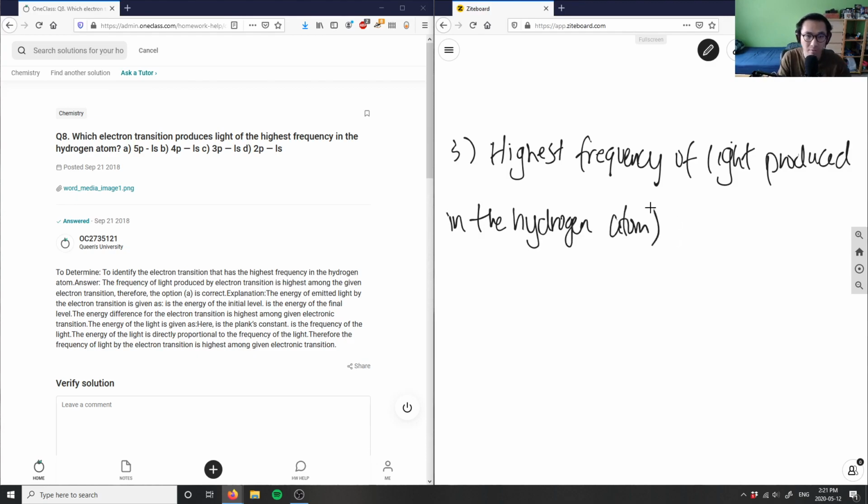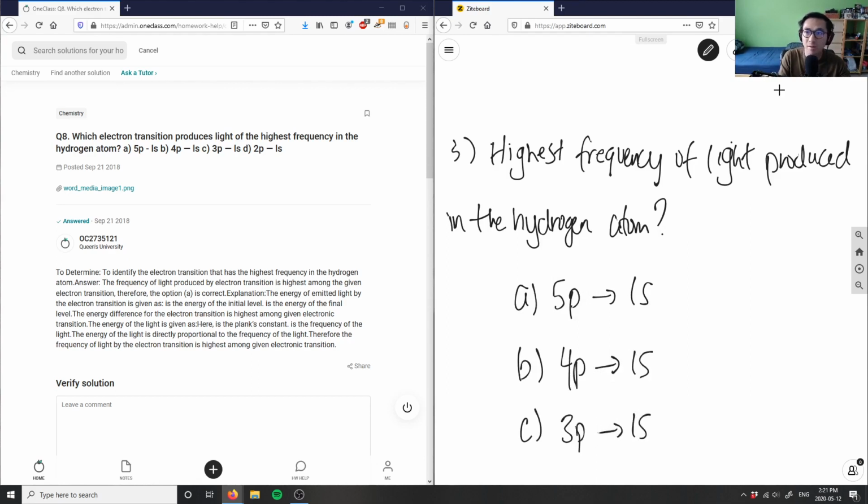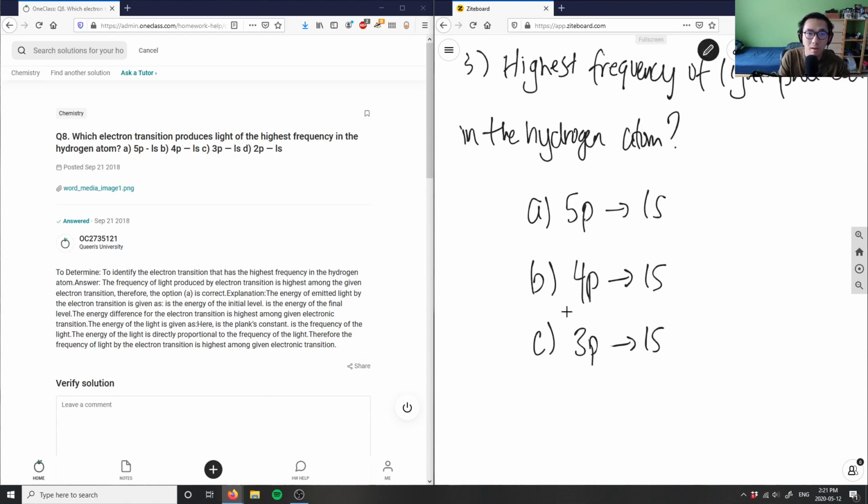And then I'm given 4 options here. A here is 5p to 1s, B here is 4p to 1s, C here is 3p to 1s, and finally D here is 2p to 1s.